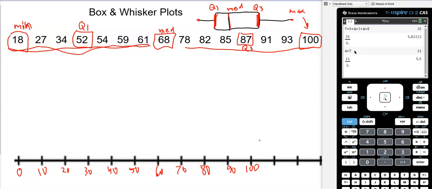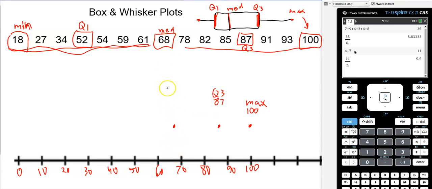And I'm going to plot these 5 points directly above there, not on the number line, but above. So I'm going to put it maybe this high. I'm going to say that's the max, which is 100. 87 would be right about there-ish. So that's the Q3, which is 87. 68 would be right about here.